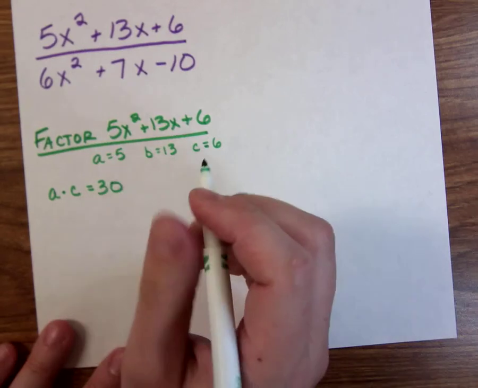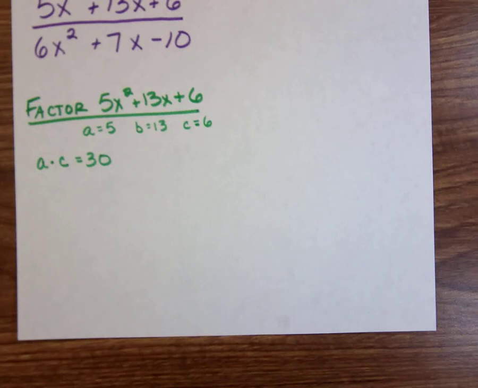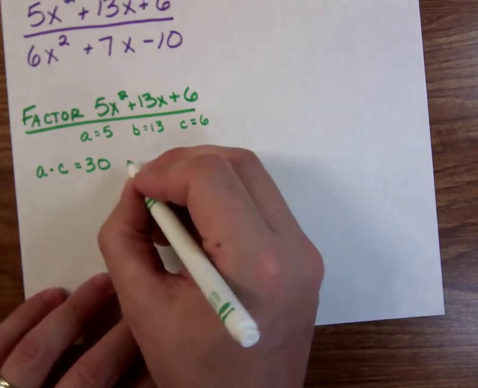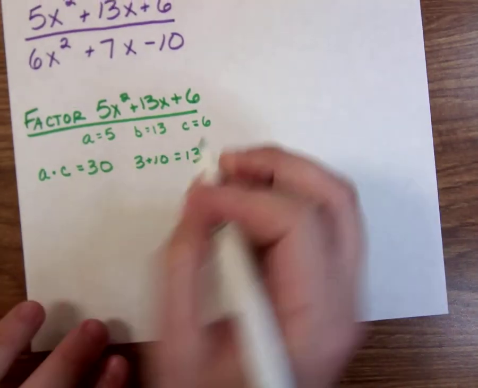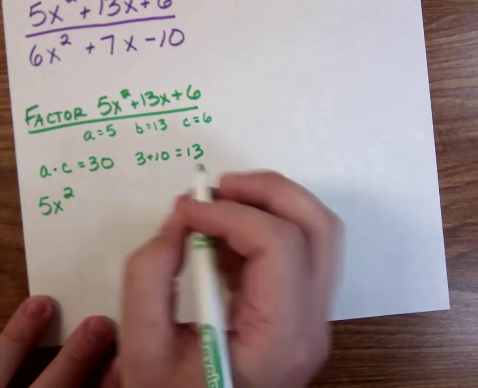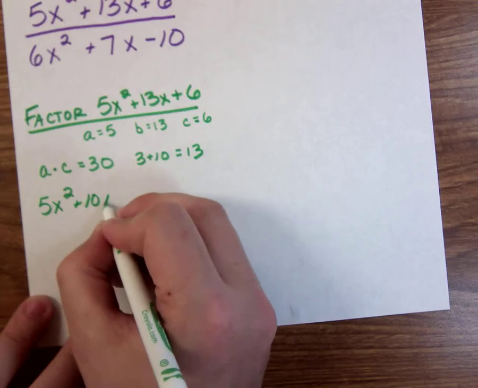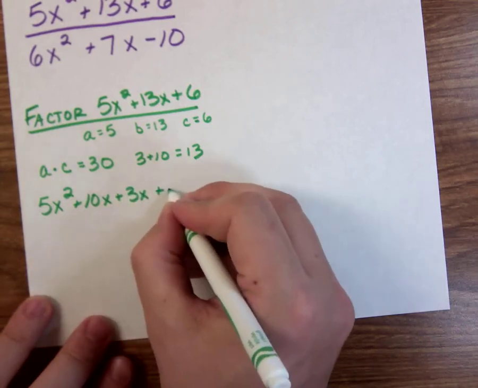Yeah, multiply to be 30, but when I add them, I get 13. How about 3 and 10? That sounds great. 3 plus 10 is equal to 13. Cool. So we take the 5x squared. The 13x now becomes plus 10x plus 3x, and then plus 6 on the end.